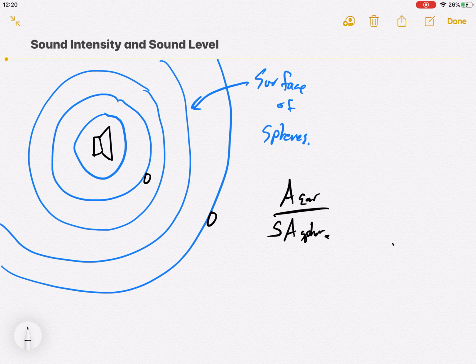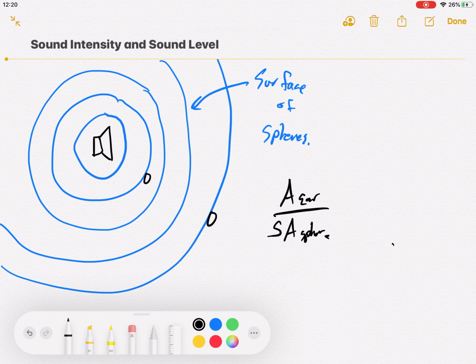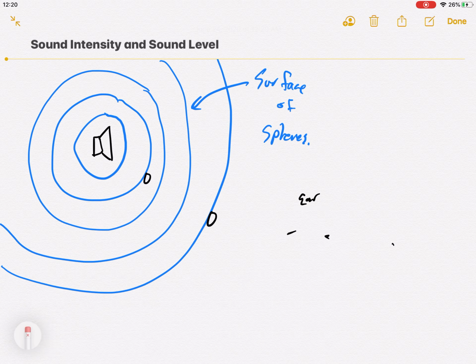And this leads us to another idea, which is intensity, right? So there's some power emitted by the source. This would be a 40-watt speaker. That's a power. And that power is being spread over area.